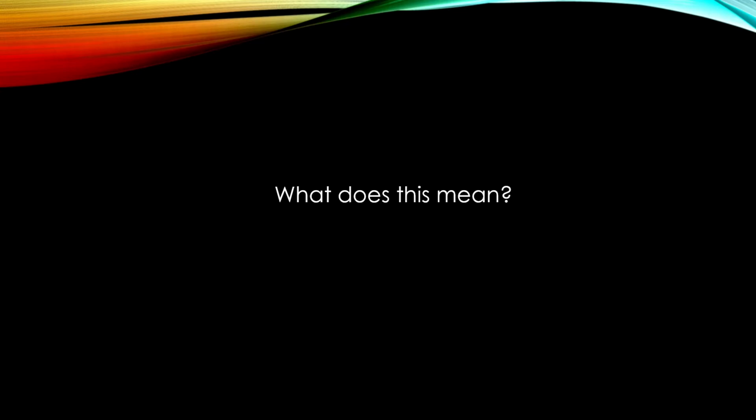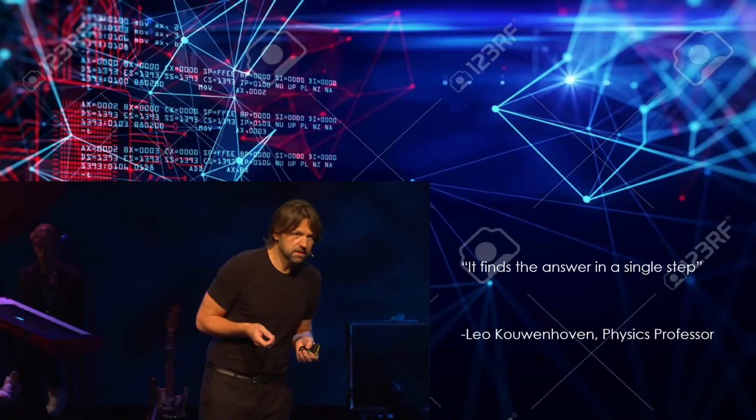While in normal computing, we would have to go step by step to determine something, with quantum computing, we can do it all at the same time. Leo Kouwenhoven, a physics professor, says that it finds the answer in a single step. Now, that's very hard to imagine, but it's true because of quantum mechanics.